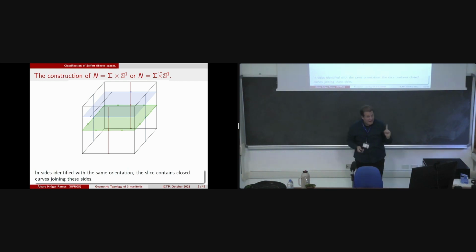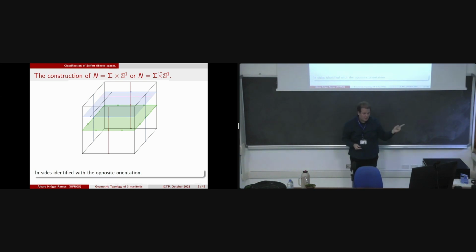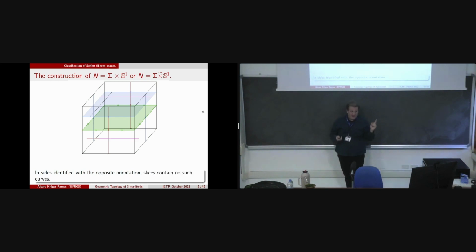But if you have sides that are identified with opposite orientations, you start here with this pink curve, and this is not closed because this side here is identified with the left side with the opposite orientation. So this curve actually reappears on the other side.